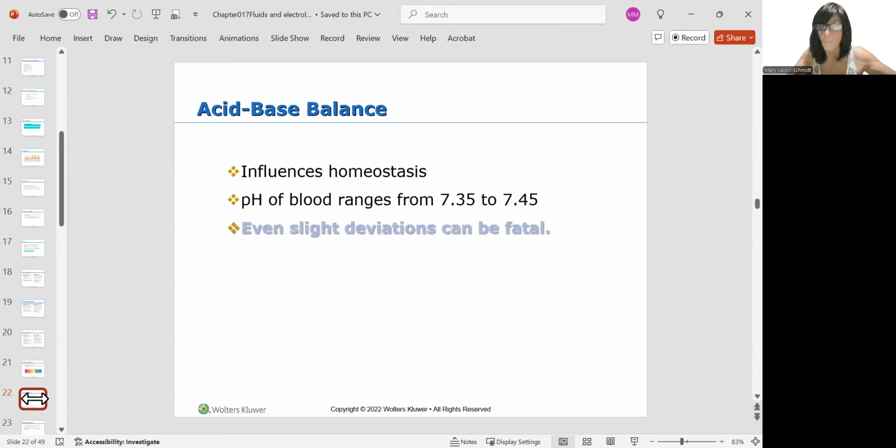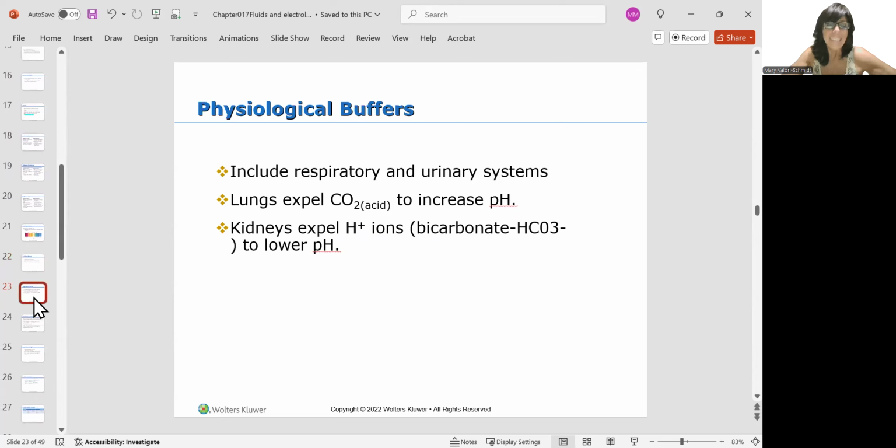Why is that important? Well, that influences the body's stability, the homeostasis. And even a little deviation one way or the other can kill you, right? Can be fatal. So remember, the pH of blood, 7.35 to 7.45, the same at every lab, everywhere, okay? Does not change. So we have these things called buffers.